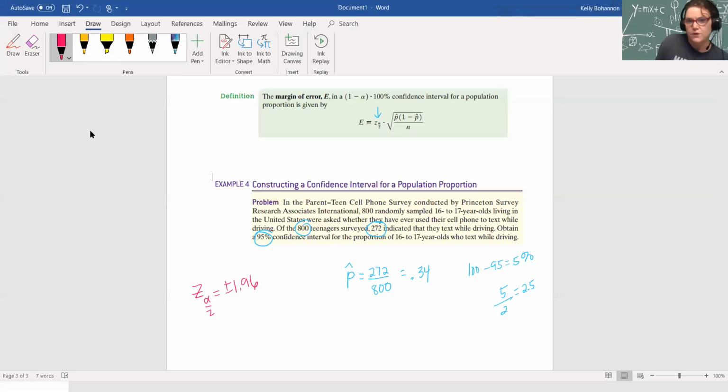Now I can use my margin of error, and I have 1.96 times the square root of 0.34 times 0.66 over 800. And then I'll have the same thing with the negative value. So let's use our calculator.